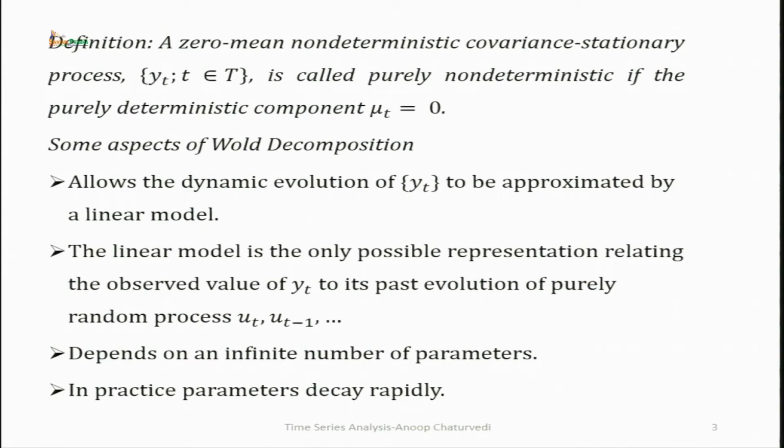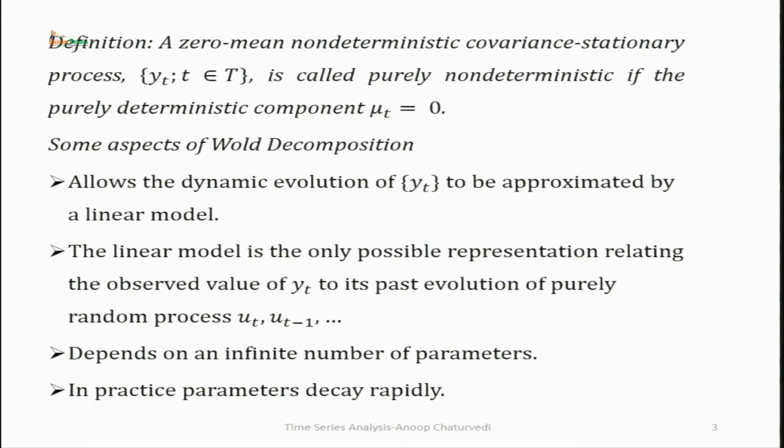Then a zero mean non-deterministic covariance stationary process y_t is called purely non-deterministic if the purely deterministic component mu_t is equal to 0. So, if mu_t is equal to 0, then we call this process a purely non-deterministic process.